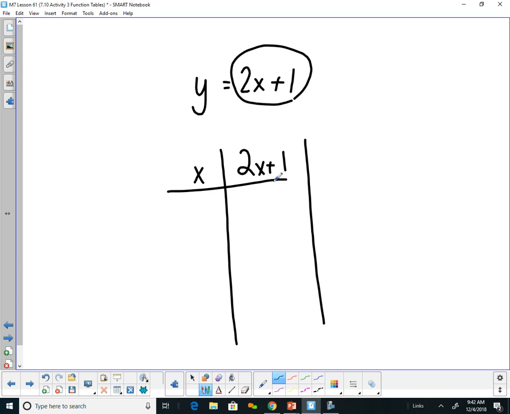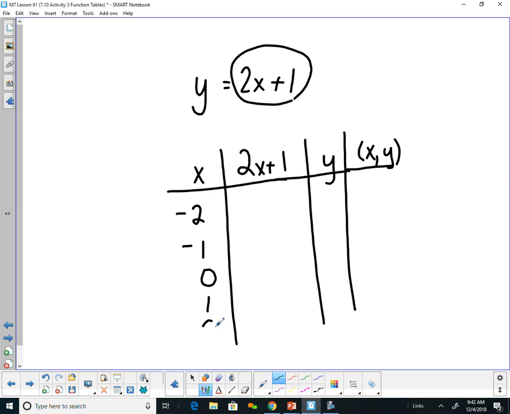And then you're going to actually give me the y value over here. Then you're going to give me the ordered pair. Okay? So on our homework tonight, you may have to add a different column or two there. But let's say we start with -2, -1, 0, 1, and 2.